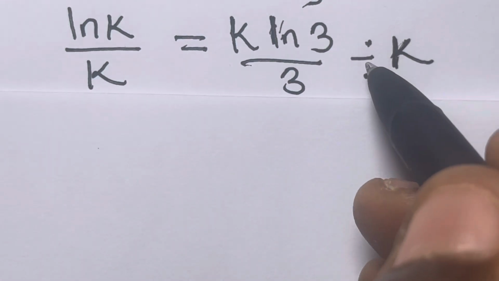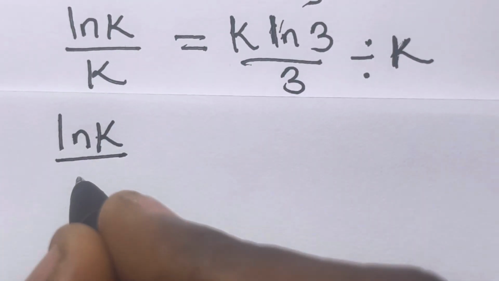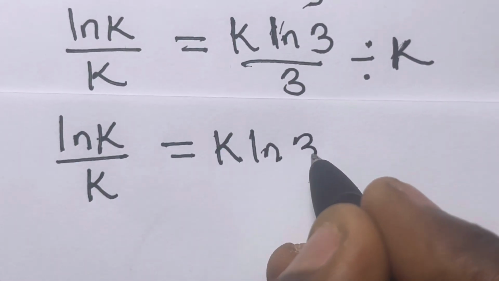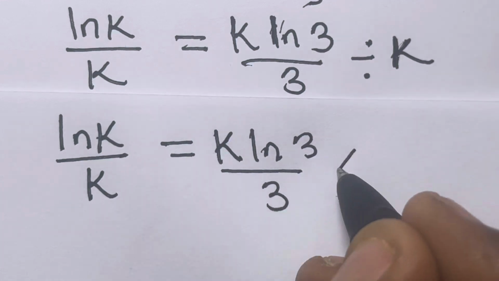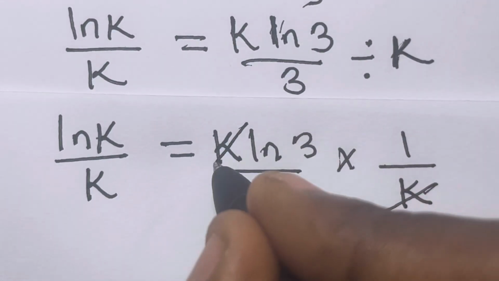We change this division to multiplication so that we have ln k divided by k equals k ln 3 divided by 3 times 1 divided by k. And this will cancel out this.